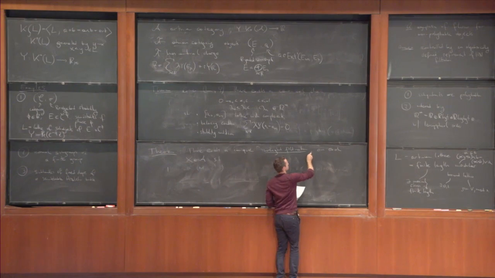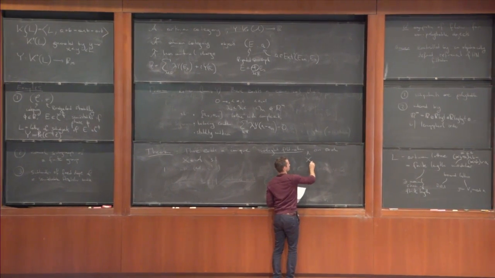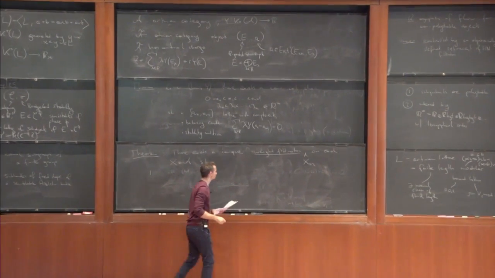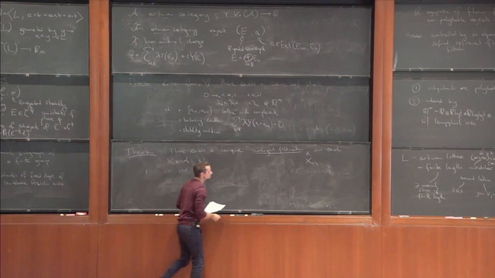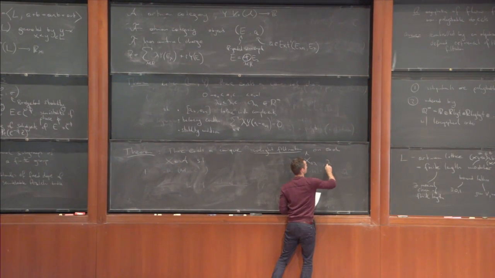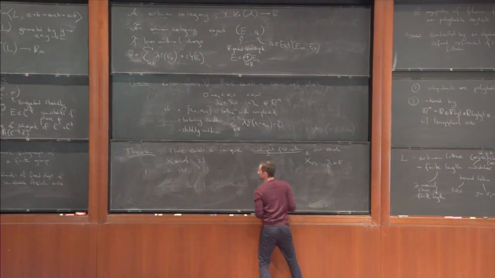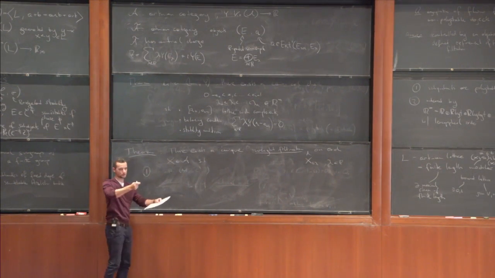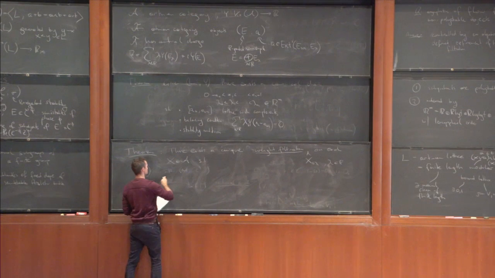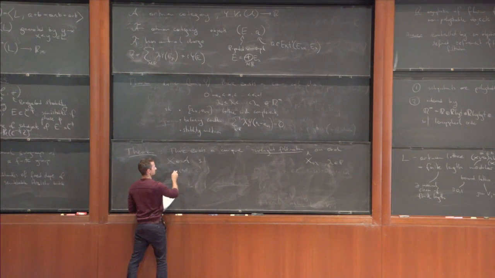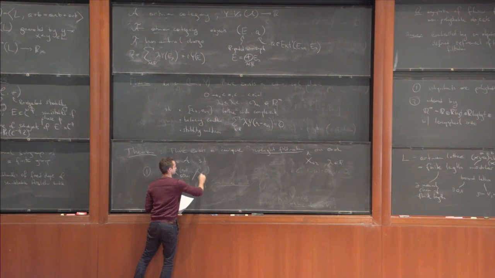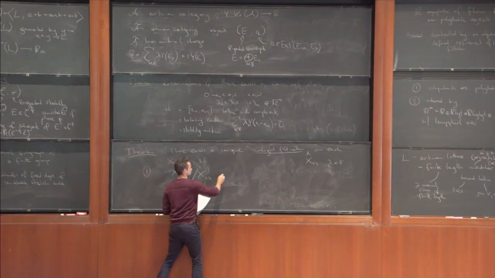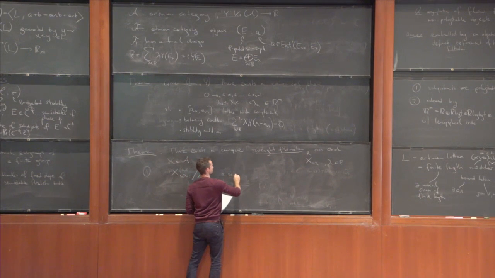Let's call the filtration x less than or equal to lambda, the pieces of the filtration. First of all, the length 1 associated graded object should be semi-simple. So x less than or equal to lambda plus 1 mod x less than or equal to lambda is semi-simple.